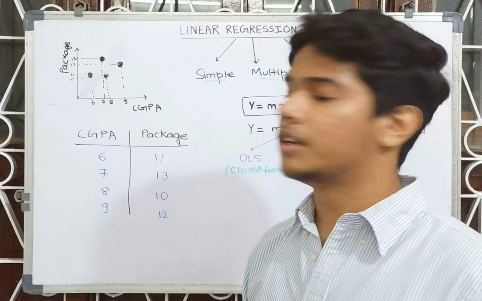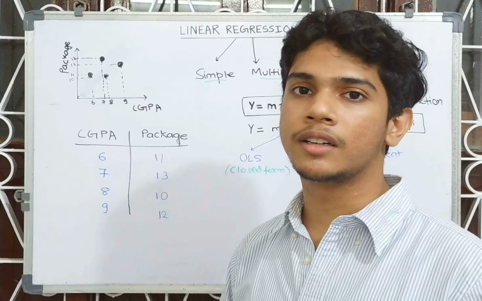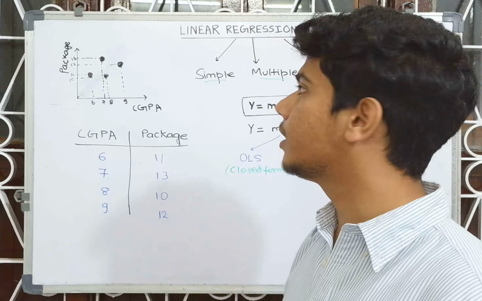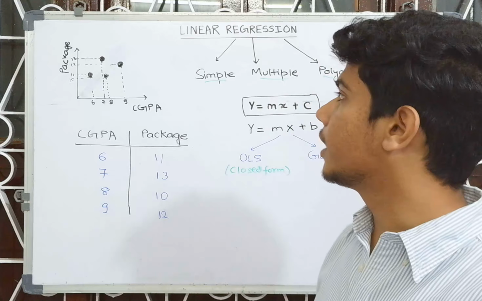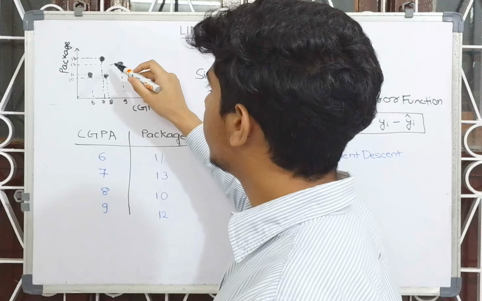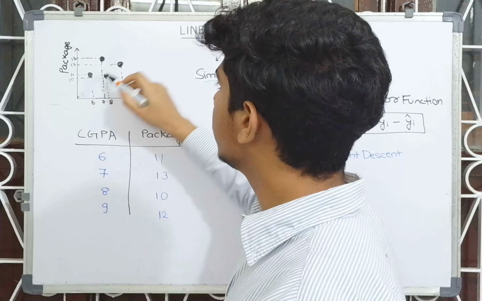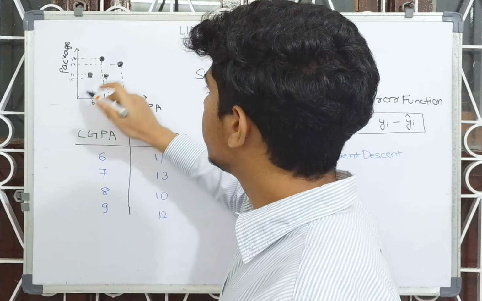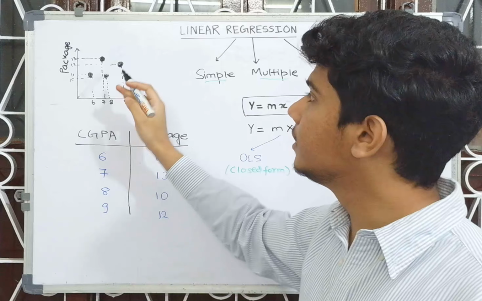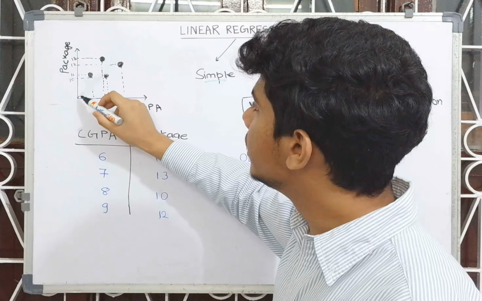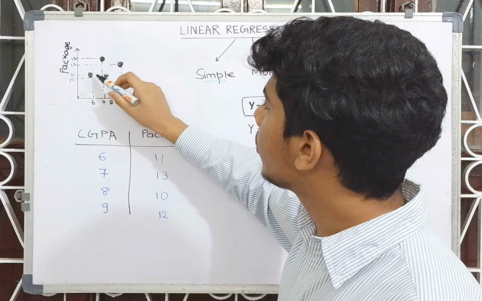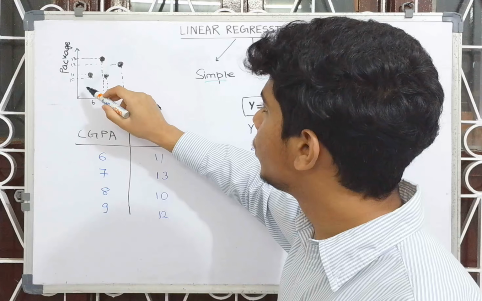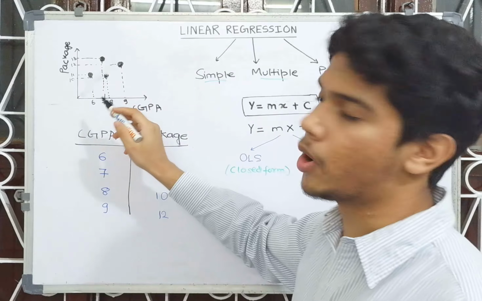But nevertheless, we have to find the relationship between them so that we can predict for any other CGPA. Here, what we can do is draw a straight line so that it covers most of the data, and we should draw that line such that it covers all the points and is not very far away from any of the points.